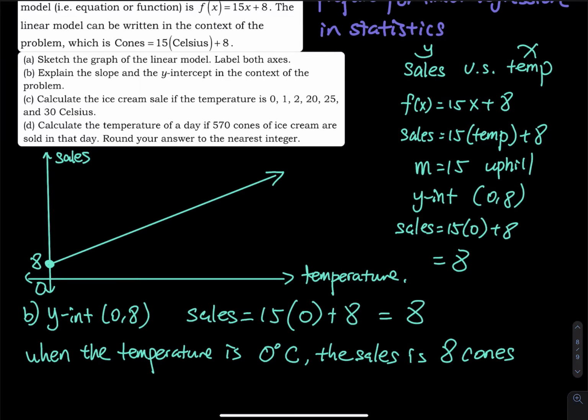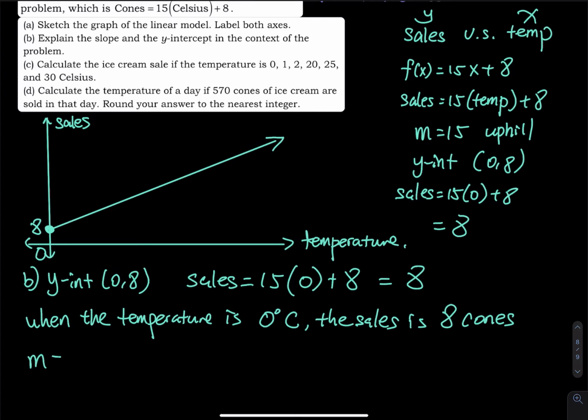That's it. What about the slope? The slope equals 15. So how do you explain the slope? To explain the slope, all you have to do is change the x value from 0 to 1. So the sales equals 15 times 1, plus 8. So 15 plus 8 equals 23.